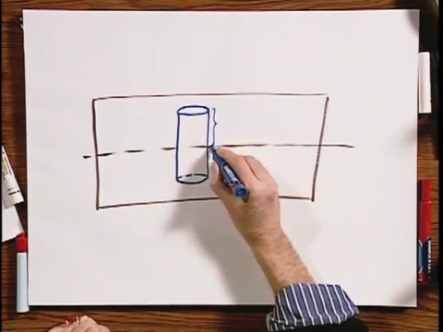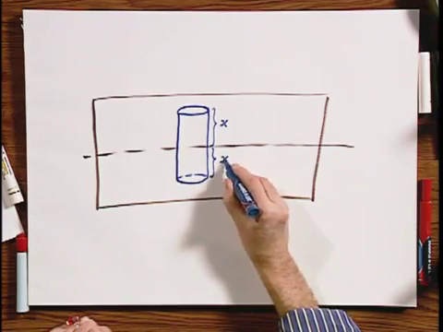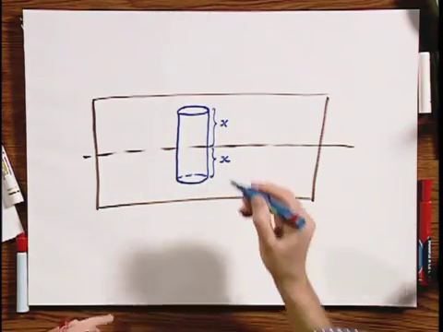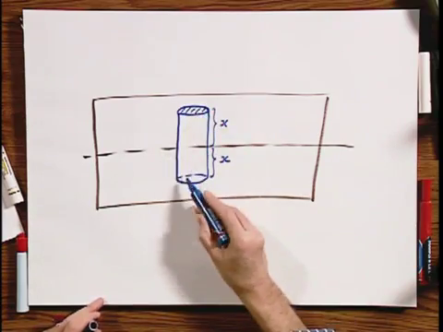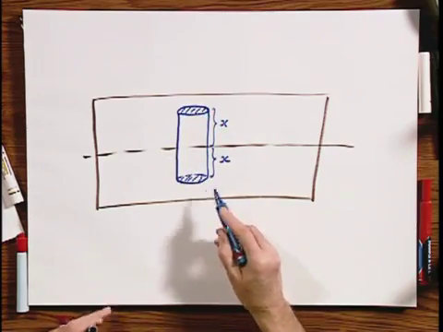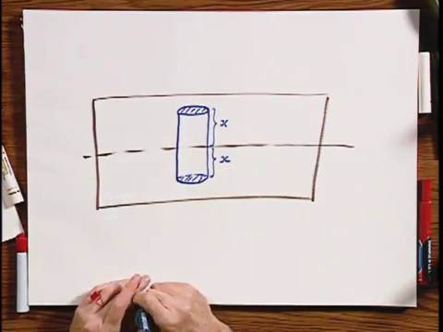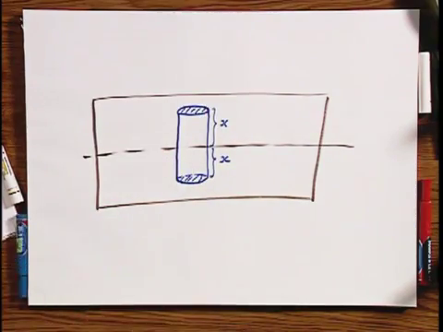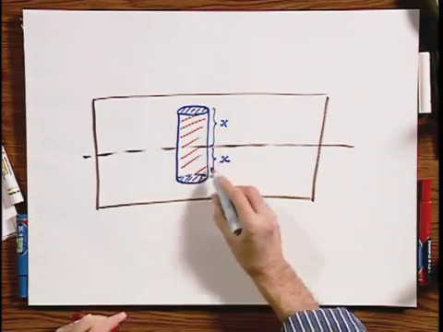This distance now is x, and this distance now must again be x. You're going to calculate now the flux that escapes from this surface and the flux that escapes from this surface. There is no flux escaping from the vertical surface. And you are now going to put that equal to all the charge inside divided by epsilon 0.